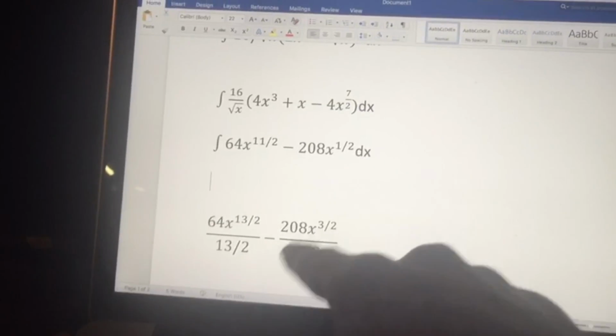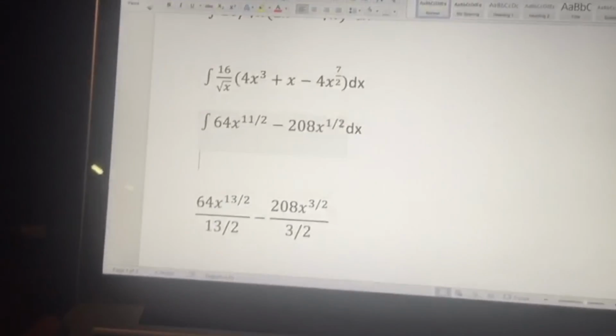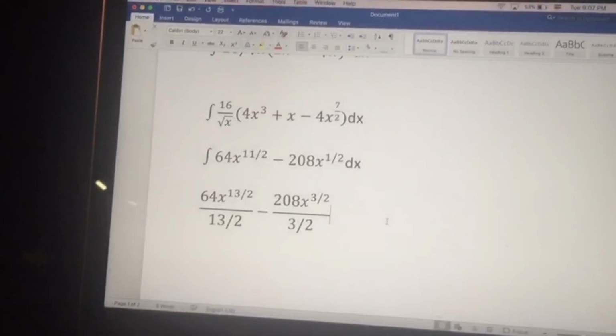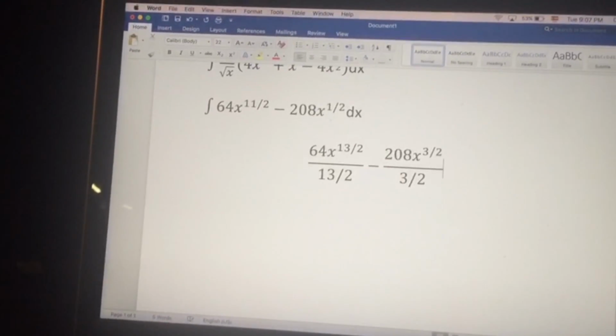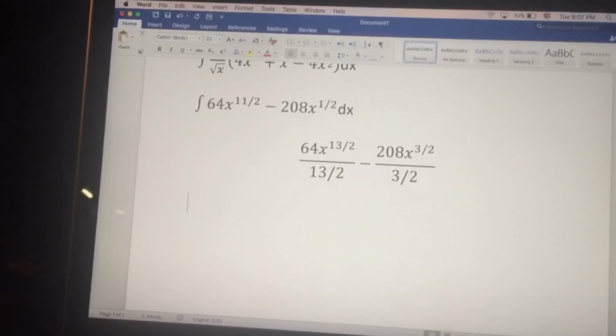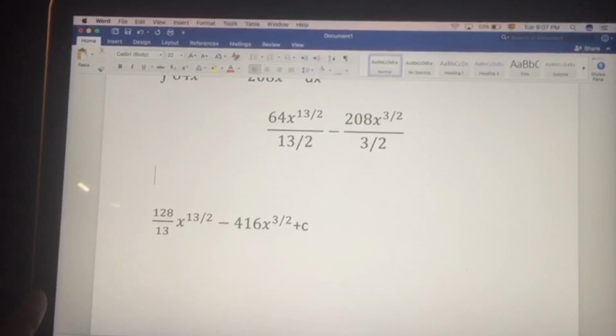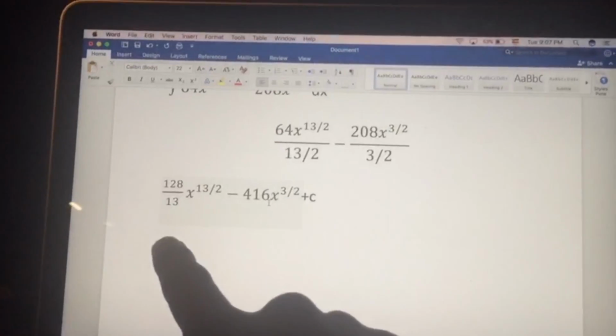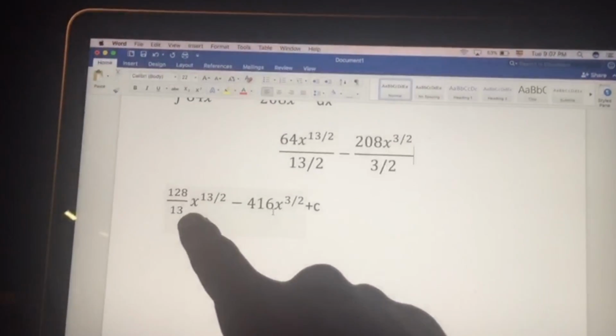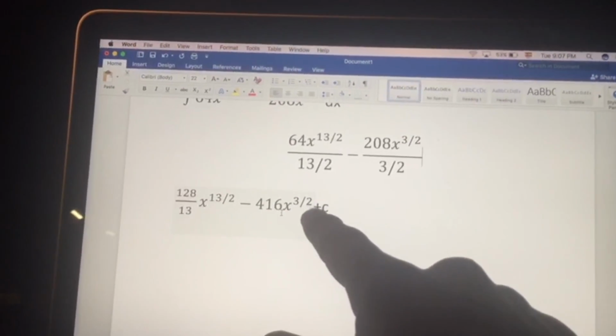So we divide the whole term over 3 halves. Now we just have to simplify this term. Okay, now that we have simplified this term, we just add a c to our answer.